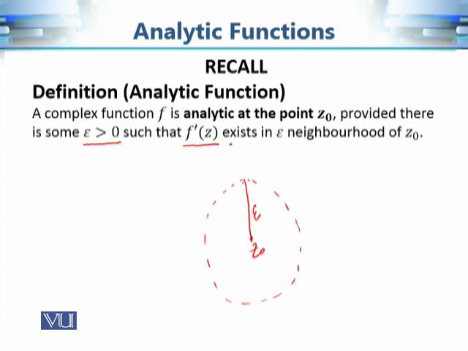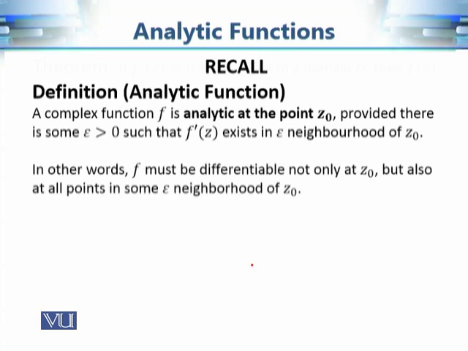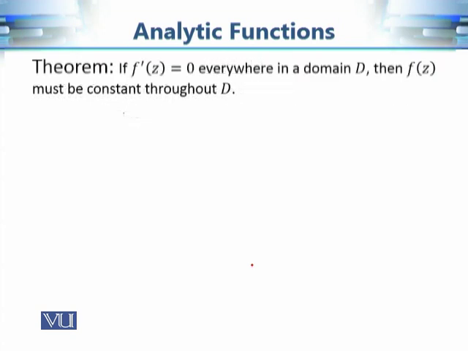Okay, so not only is the function differentiable at the point, but at each and every point in the epsilon neighborhood of z0. Okay, now moving on to properties of analytic functions.